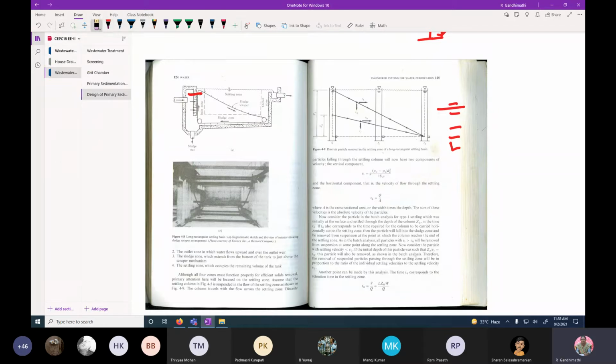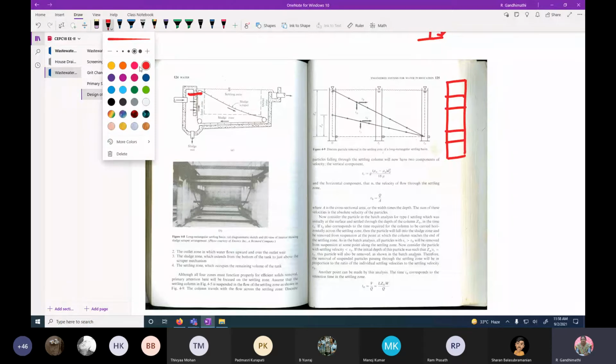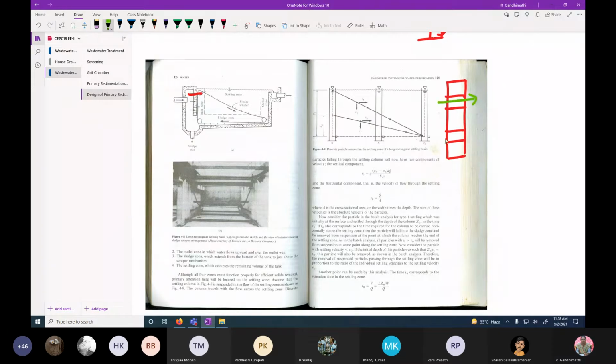primary sedimentation tank. In order to introduce the wastewater uniformly throughout the depth of the basin, they have constructed the baffle wall, which has openings. Water enters the inlet zone through these openings.